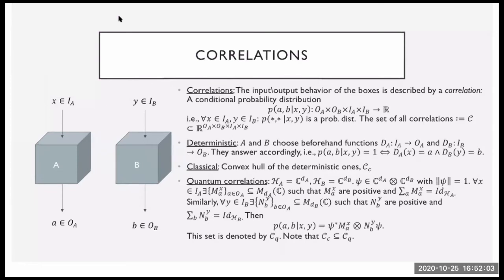You need some rules, and you can say that the rules are just taking the convex hull. You are correct that you can give other rules. What are the classical correlations? A classical correlation is one distribution for each pair of questions, for each X and Y.